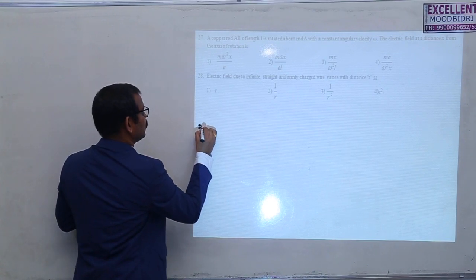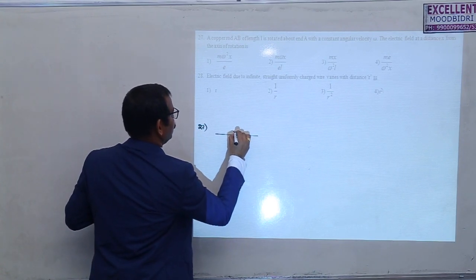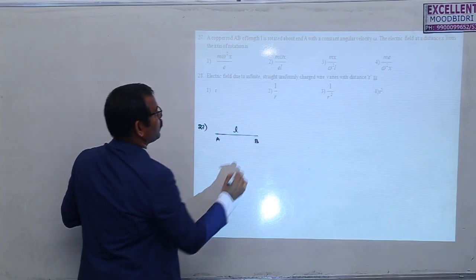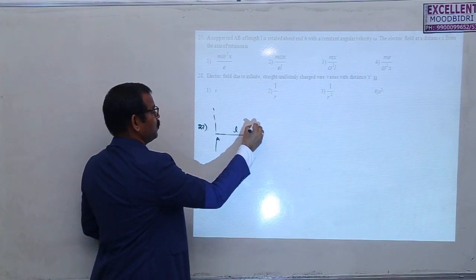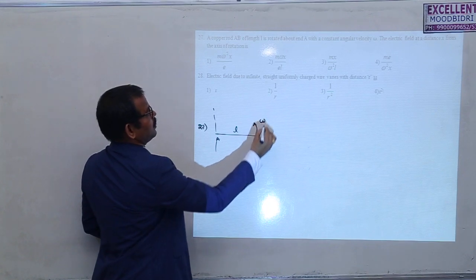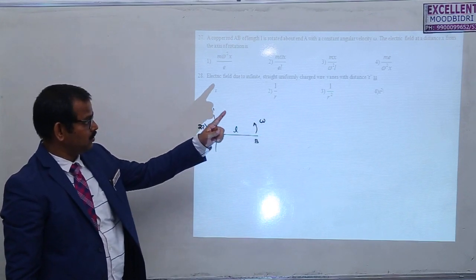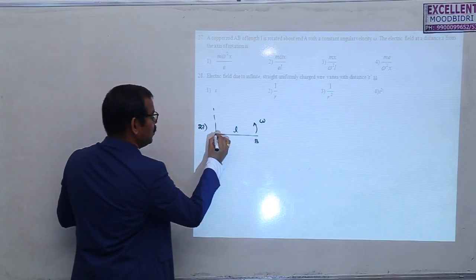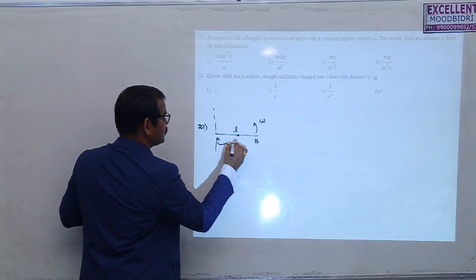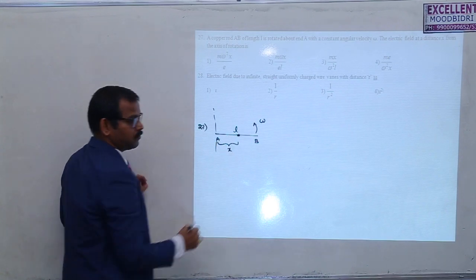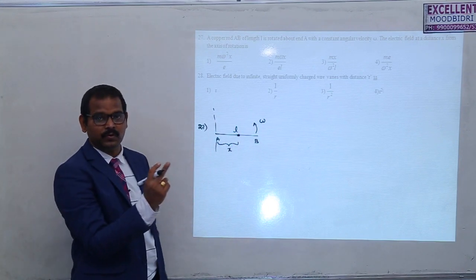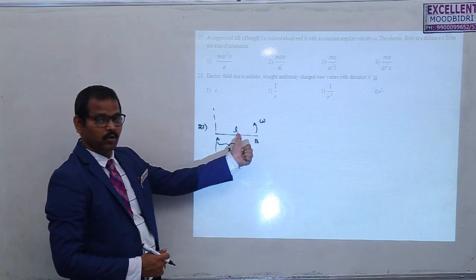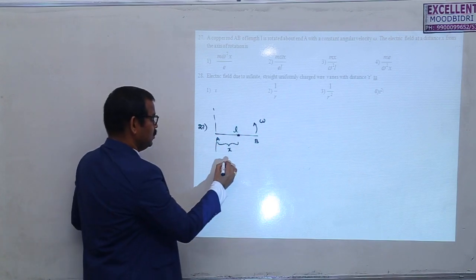A copper rod AB of length L is rotated about end A with angular velocity omega. What is the electric field at distance x from the axis of rotation? The electron present in this rod will experience two different forces. One is the electric force due to the applied electric field.